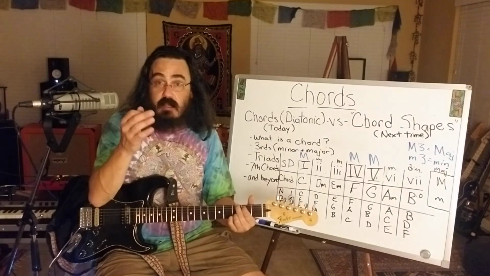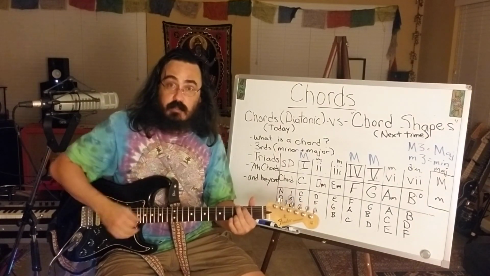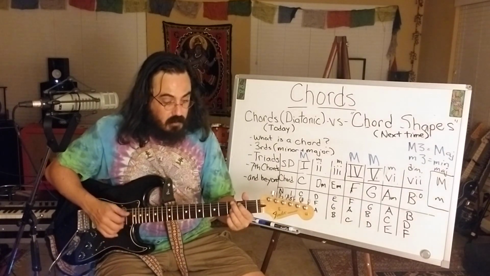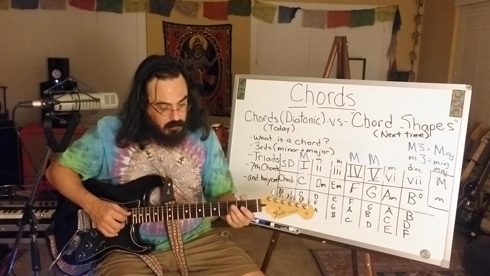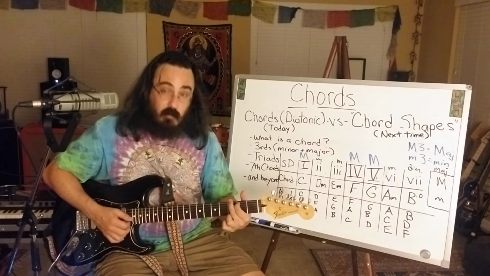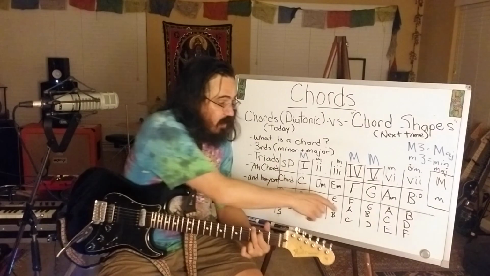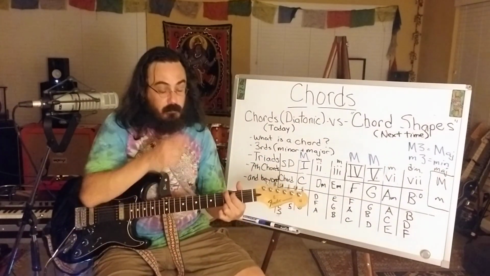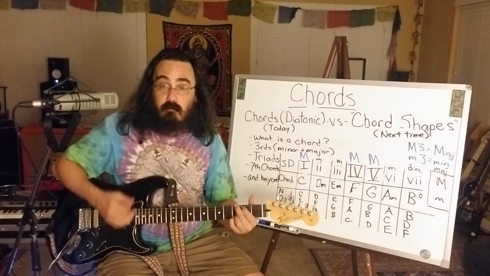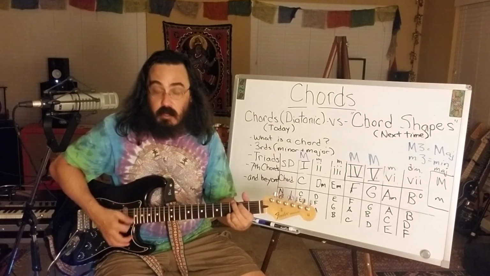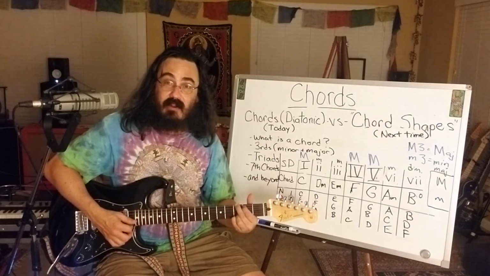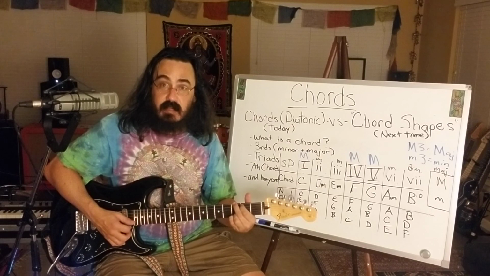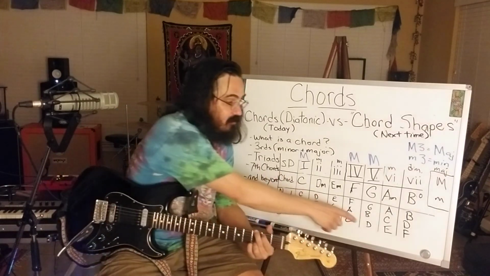And this is preference. Here are these two options for the second string. Some people like to play their G chords with an open B string, because you can do that, right? It's in the chord. Other people, myself included, prefer to put my finger on the third fret second string. That's D. I can do that too, right?